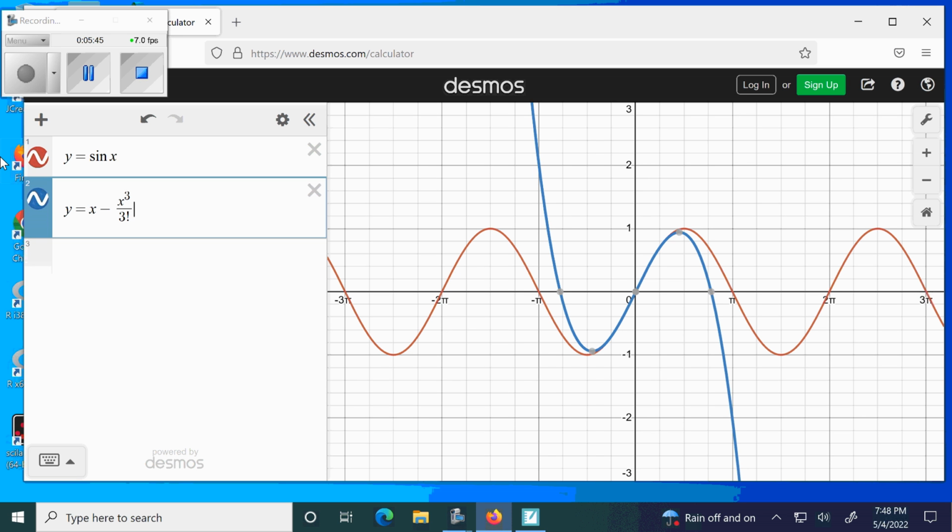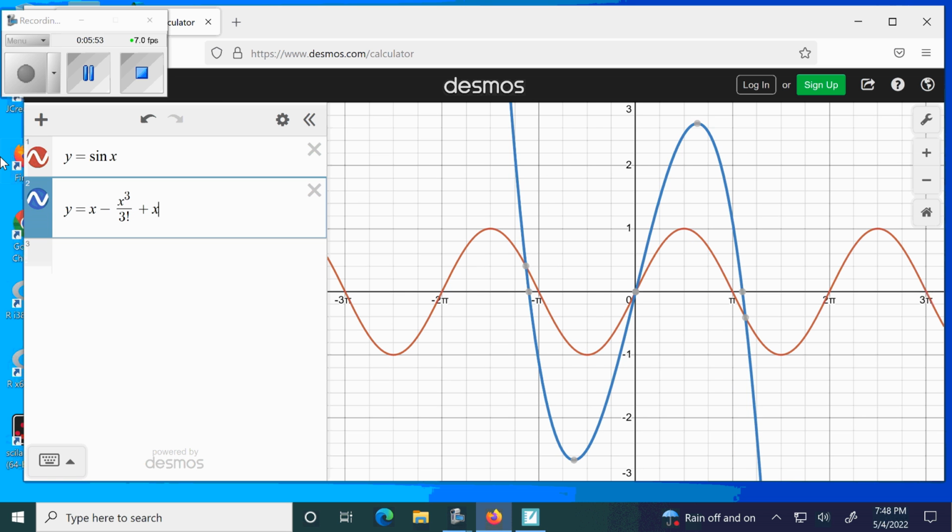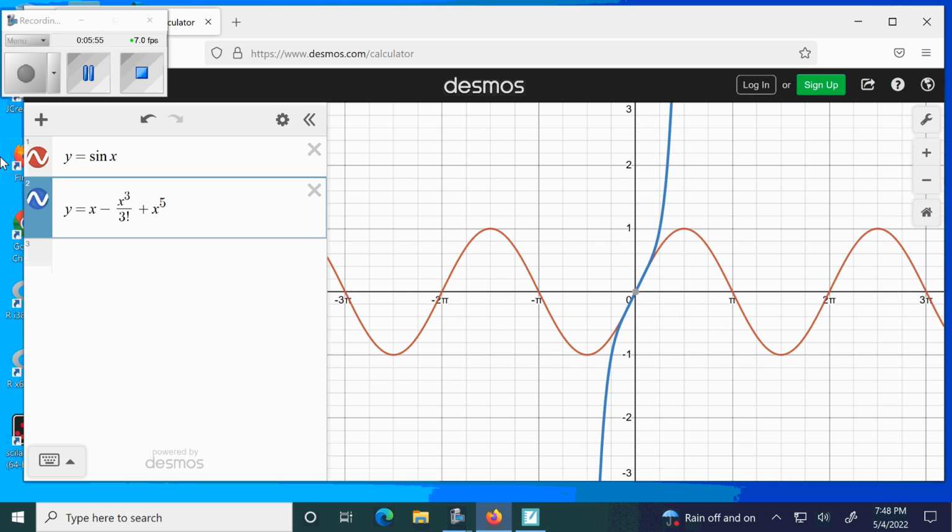So now let's add in y is equal to x minus x cubed over 3 factorial plus x to the 5th over 5 factorial.